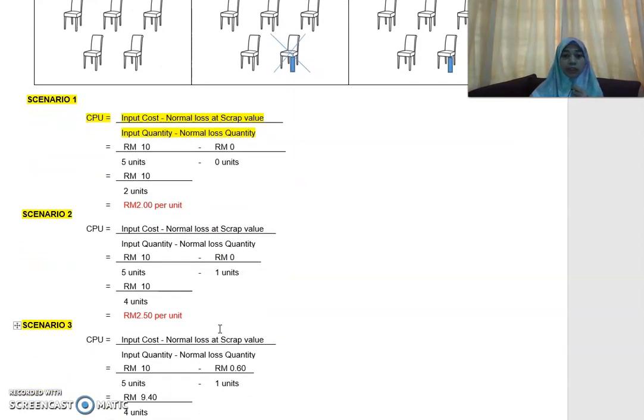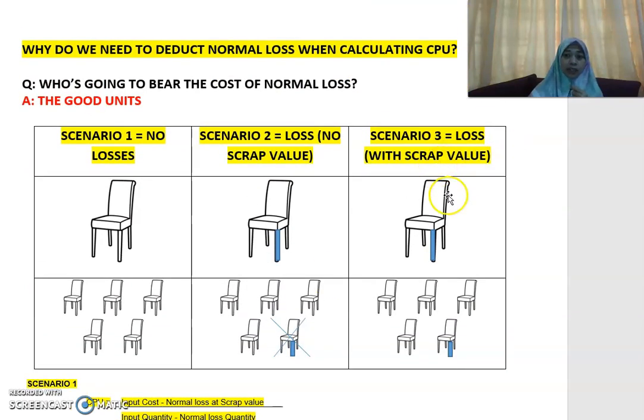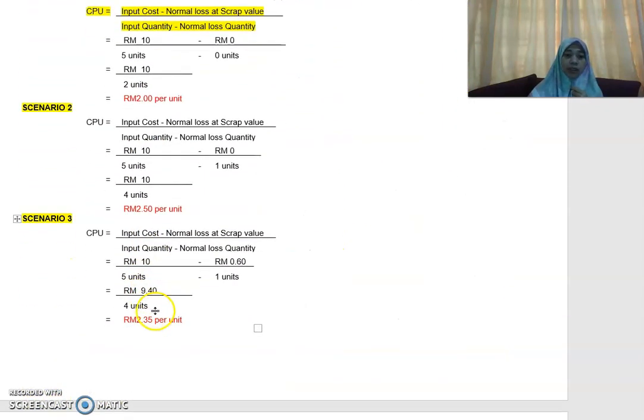From this example, if you don't have any losses, the cost per unit is 2. If you have a loss, the cost becomes higher, 2.50. But if that loss has some scrap value, it reduces the cost by that value. With that, I thank you.